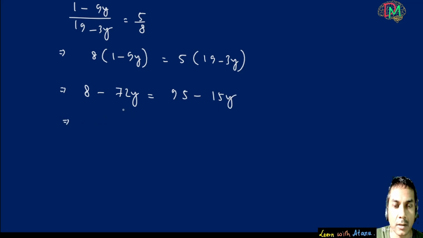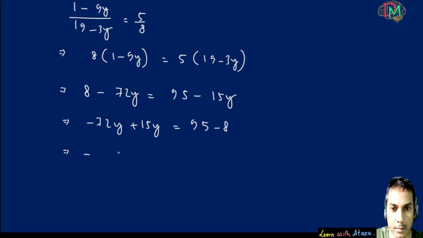So next, apply the transpose method, that is shifting the similar terms from the RHS to LHS. Minus 72y plus 15y, it becomes plus, and here 95 minus 8, so it becomes minus 57y is equal to 87.